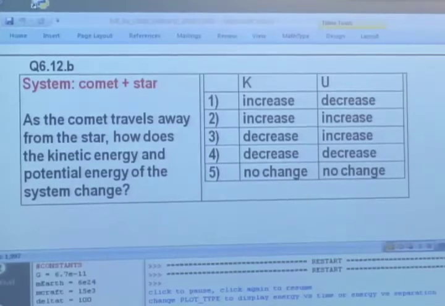Yes. So the question is, thinking about not the absolute value, we're talking about the actual value. Okay? So in this question, the comet is going away from the star. What's happening to kinetic energy? What's happening to potential energy?